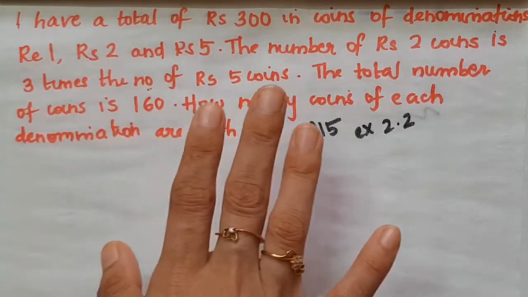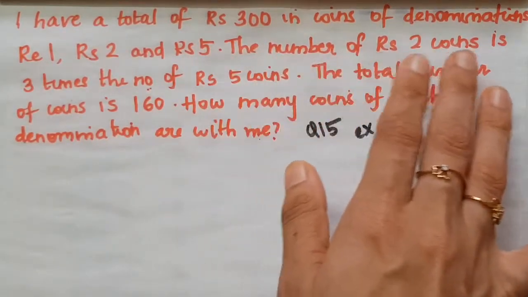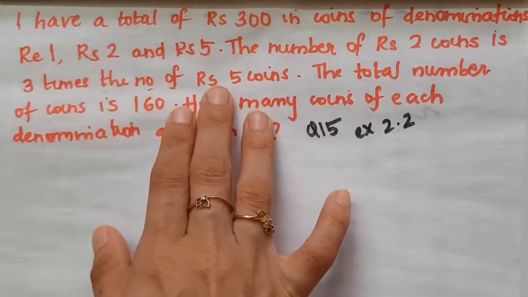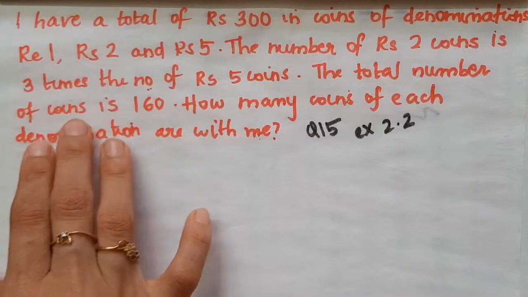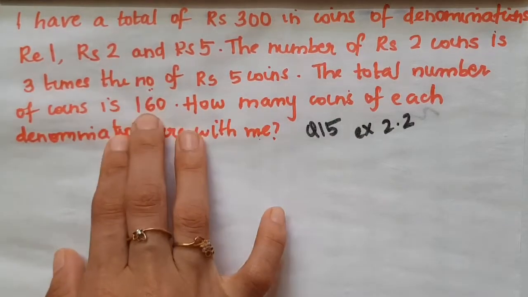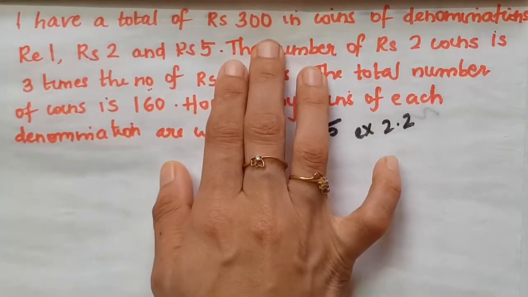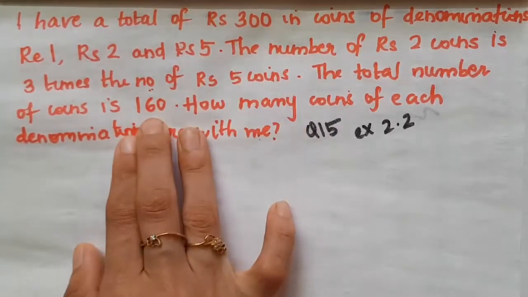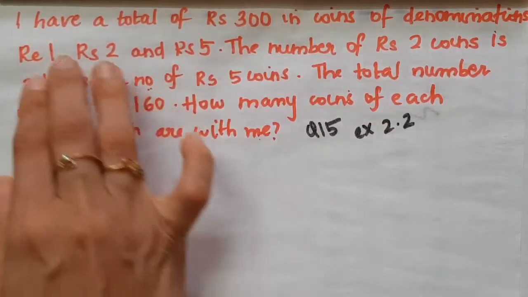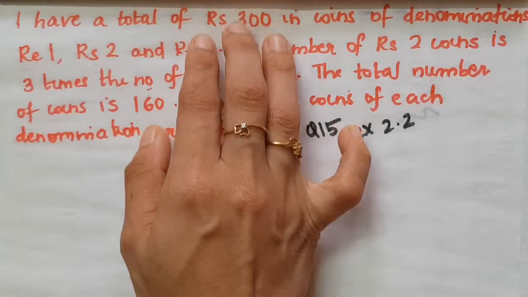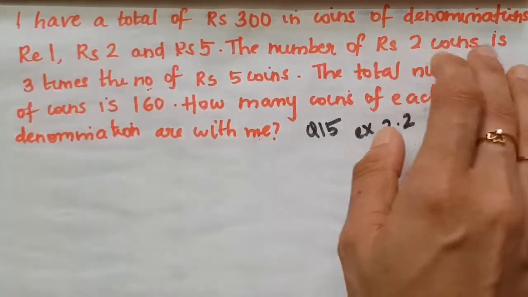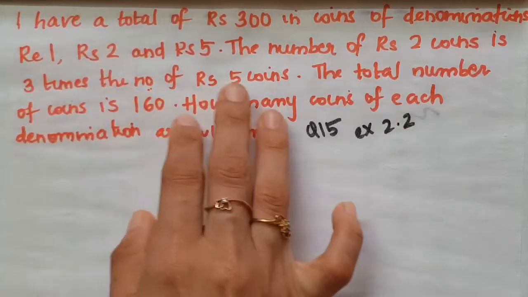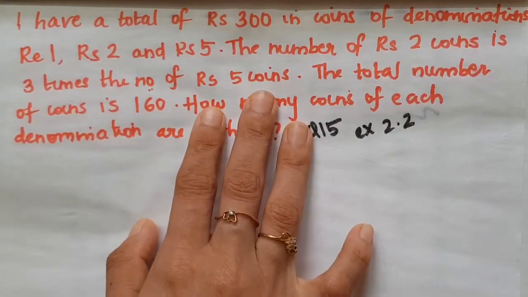The total number of coins is 160. So 160 coins of these three denominations make up rupees 300. And it is said that the number of rupees 2 coins is 3 times the number of rupees 5 coins.